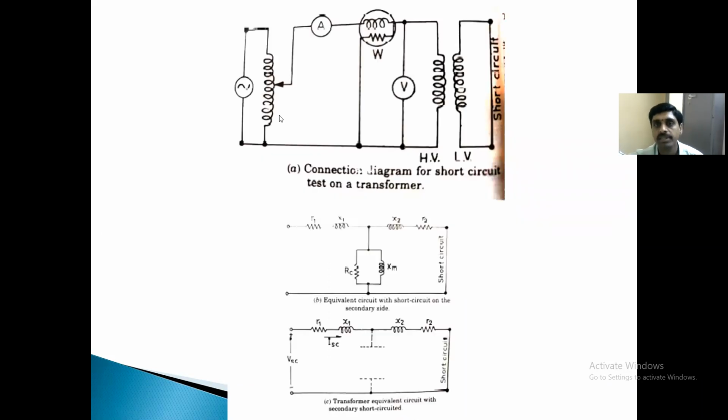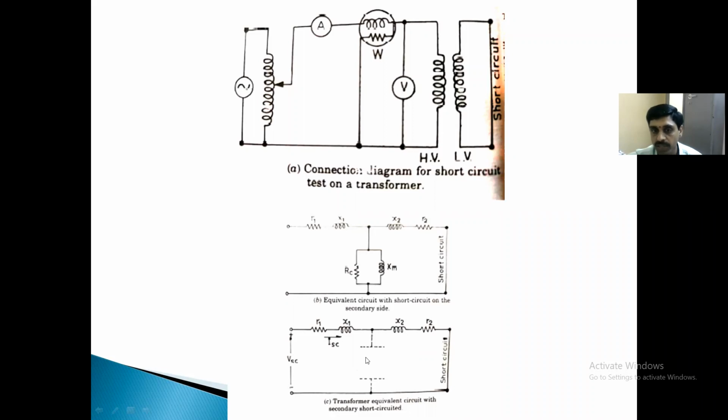This is the general circuit diagram for the short circuit test. The voltmeter and ammeter are connected, and we can see the equivalent circuit here: R1, X1, R2, X2, and the magnetizing branch. Since this is short circuited, most of the current will go in this direction, therefore we can neglect this part, the I0 part.